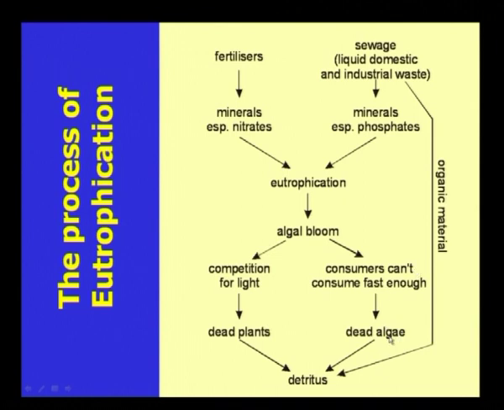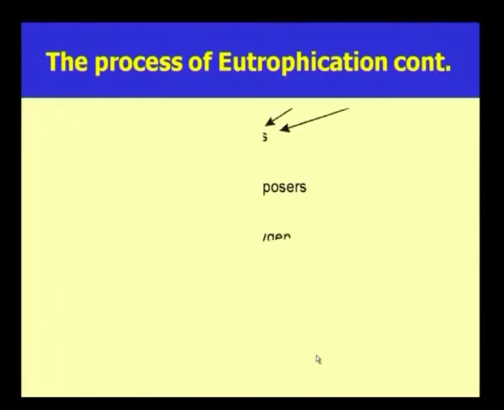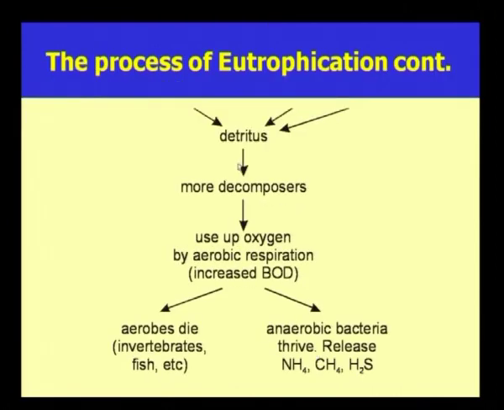The algae has started dying, and because there is very little light or water, the plants have started dying, and so a large amount of detritus, that means the dead plants and animals, has accumulated, and the result is more decomposers, because when the dead animals are increasing, naturally the decomposers like bacteria, virus and other things will start developing.